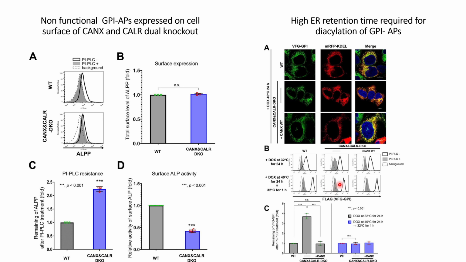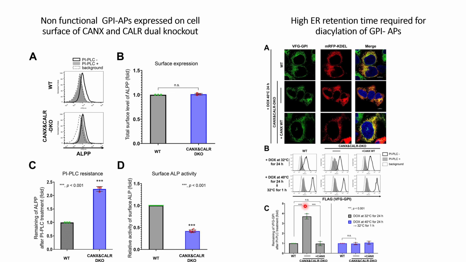One reason could be that at 40 degrees, since the proteins are now misfolded, they will be retained in the ER for a longer duration, and when the temperature turns to 32 degrees, they will have the ability to move to the plasma membrane because of acquiring correctly folded structures.